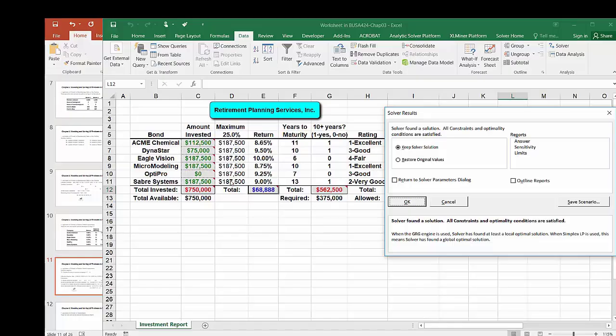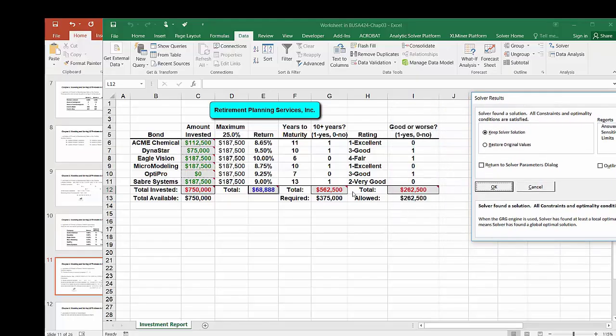You can see it satisfies all these constraints, even though we are exactly on the boundary for these three assets, but the rest of them are less. And we are also investing this much money in the long-term assets, which should be at least this much, and we are investing exactly this amount, which satisfies the requirement.